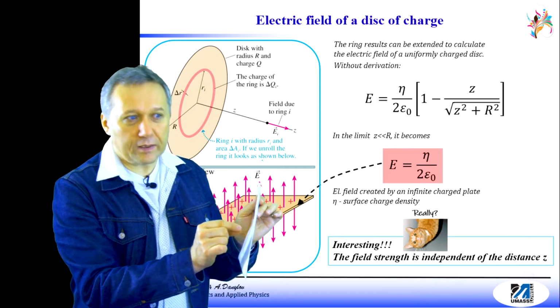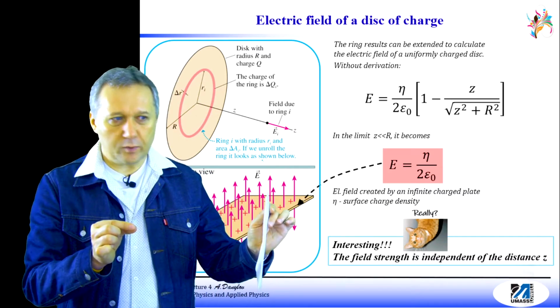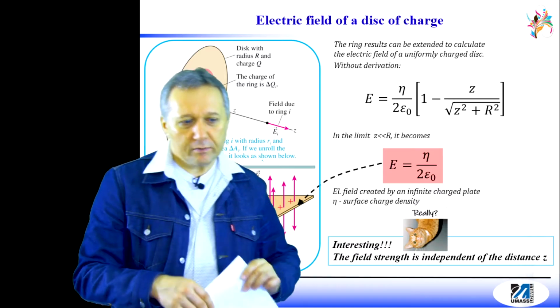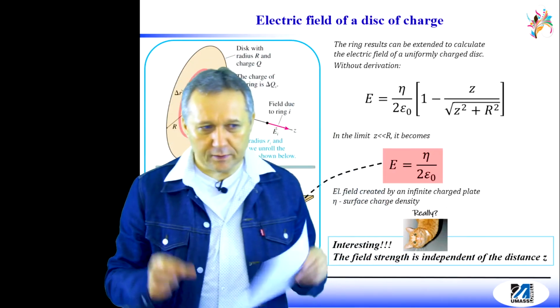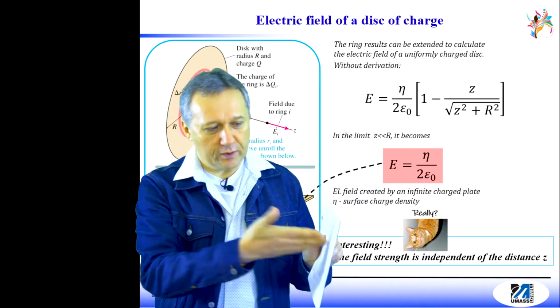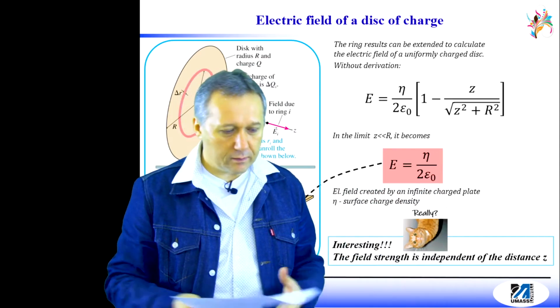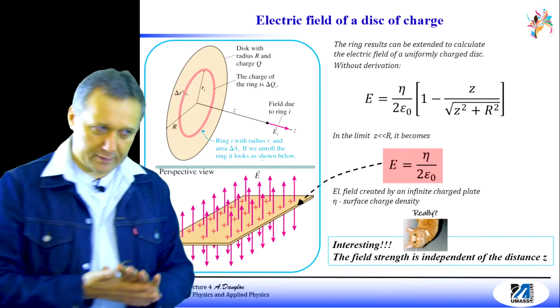But if I want to know the electric field at this distance, that will be a very poor approximation. My answer will be reasonably far away from the actual value of the electric field at this point, because the distance to the surface is comparable to the size of the surface. This formula is going to give us very bad results.